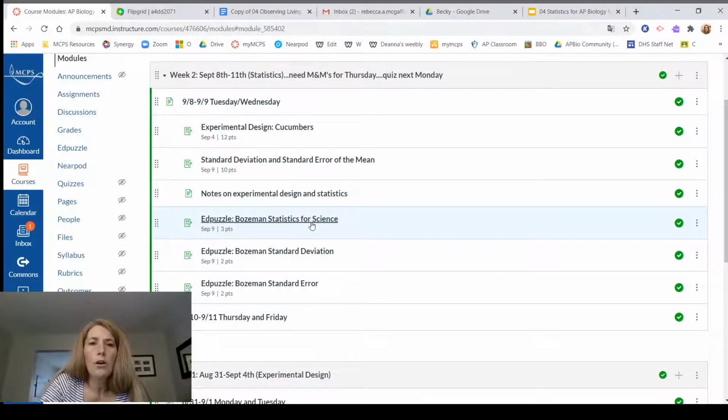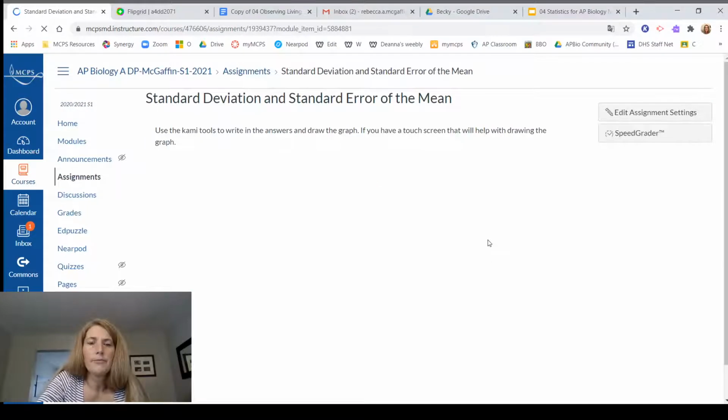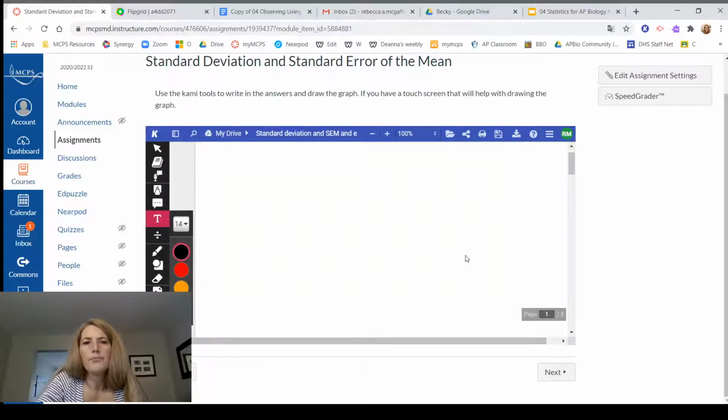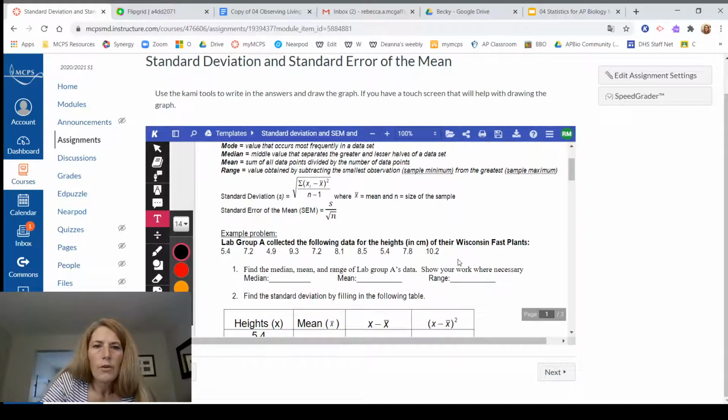Your homework was to do this worksheet on the standard deviation and standard error of the mean. So when you do this worksheet, you are going to do this in Kami. I'll kind of talk through it real quick. So I need to take this data.